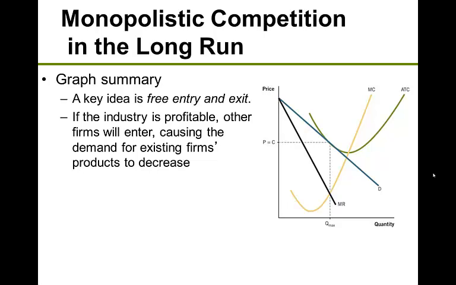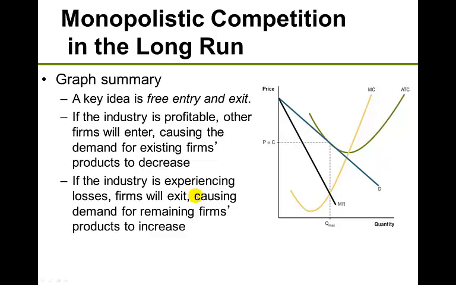So this is going to happen until our demand curve is just tangent to the average total cost curve, where the associated marginal revenue curve crosses the marginal cost curve. So we have the demand and the marginal revenue curves moving inward as we move from the short run to the long run until we get this tangent condition.